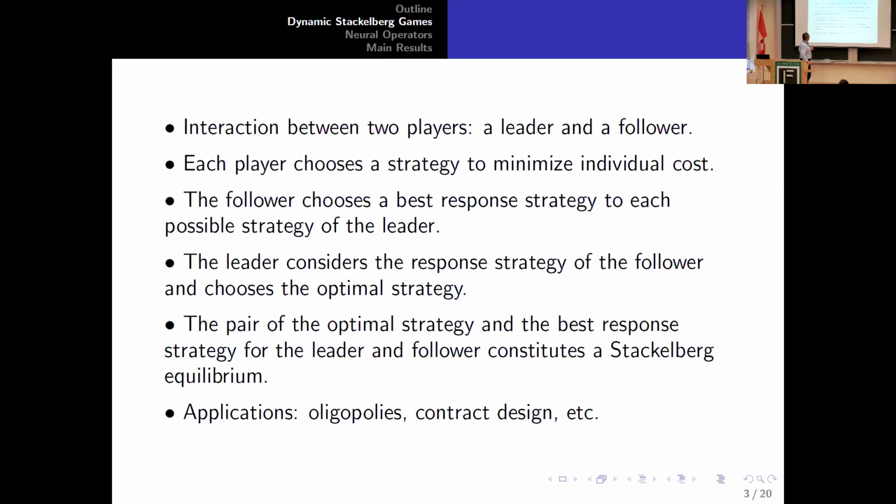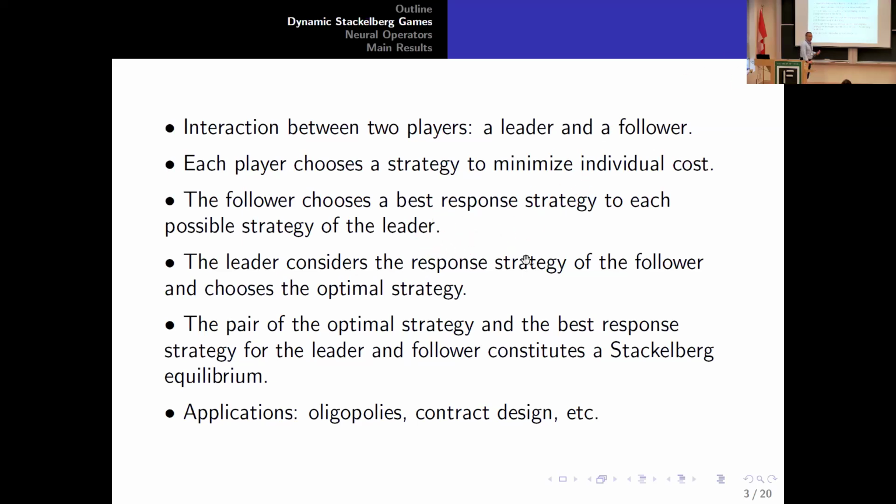Here's a basic introduction to the Stackelberg game, which is about the interaction between two players. Usually, one is called the leader, and the second is called the follower. Each player chooses an individual strategy to minimize their individual cost, but they don't have symmetric roles. The leader has a dominating power, so the follower chooses a best response strategy to any possible strategy of the leader.